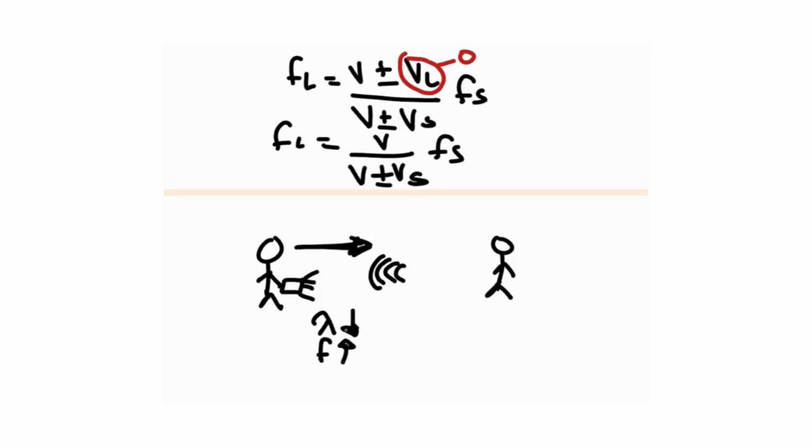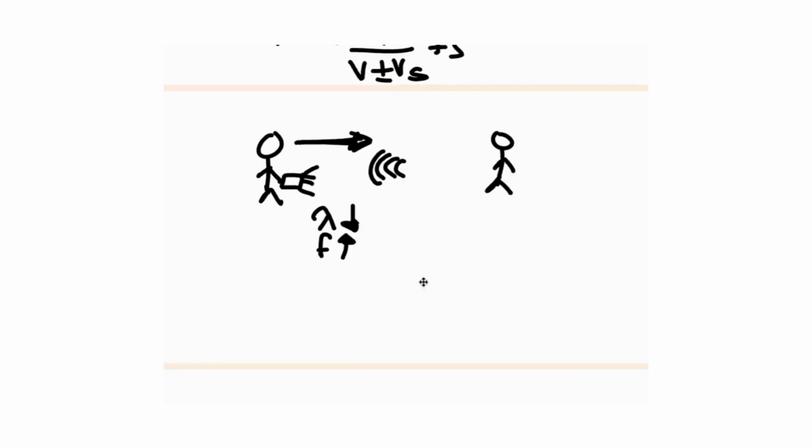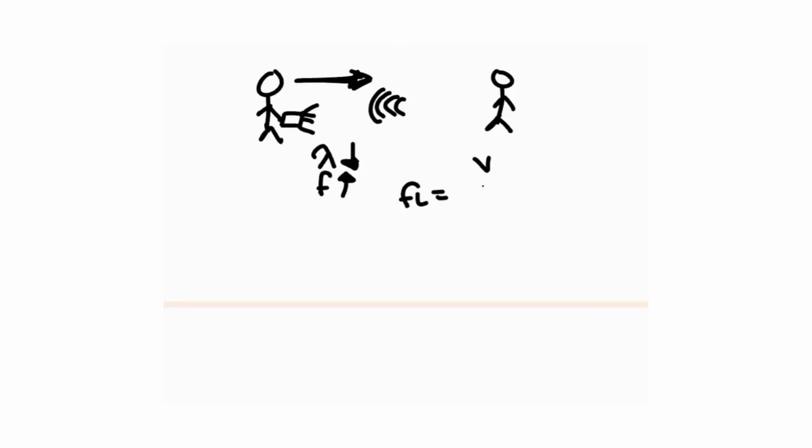And if the wavelength is decreasing and frequency is increasing, if we rewrite that formula, we say FL is V over V plus or minus VS times FS. If the frequency of the listener is increasing, we expect that part to decrease and that one to increase.